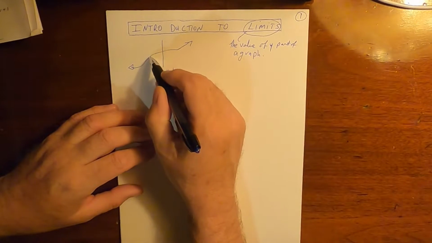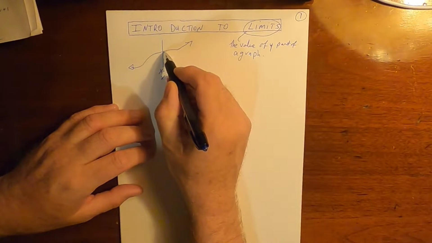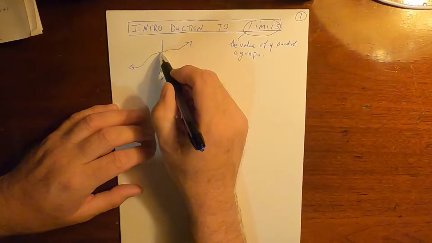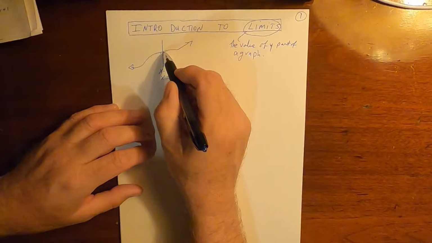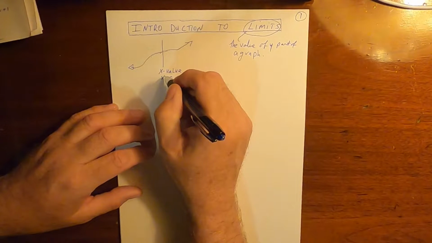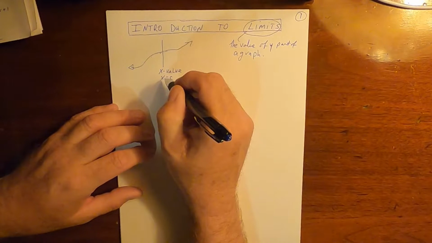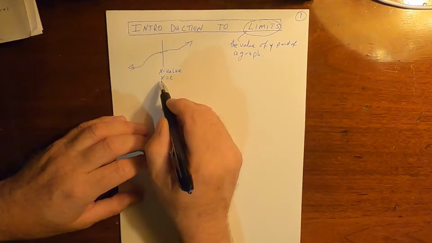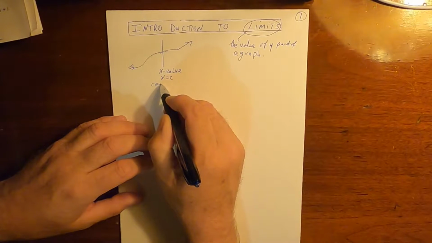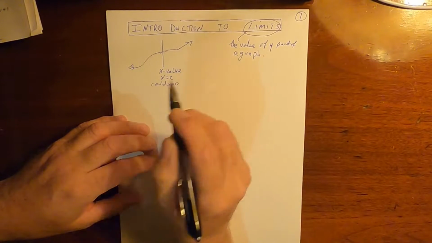As we're getting closer and closer, ever closer to this value from either the negative side or the positive side, we're getting closer and closer to this number. And by the way, this number could be 0. X could be x equals 0, no problem with that.